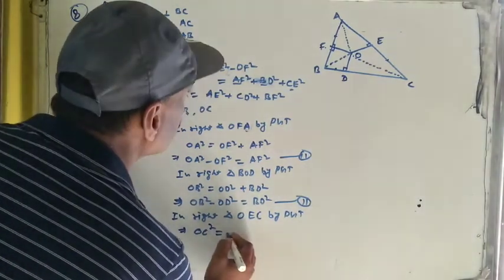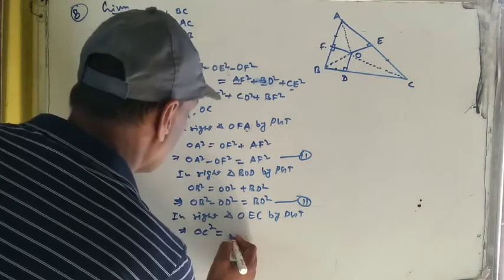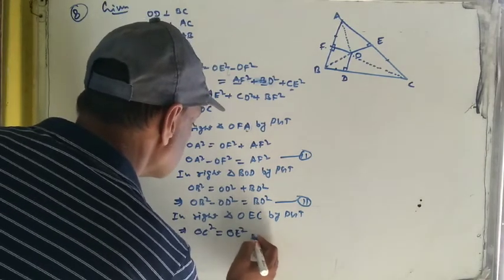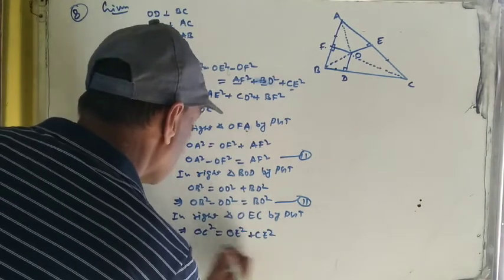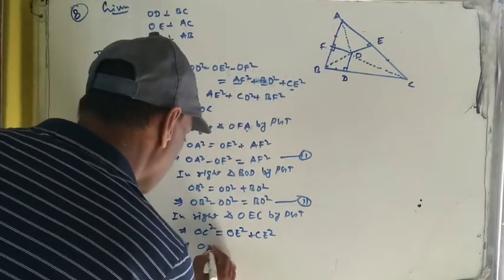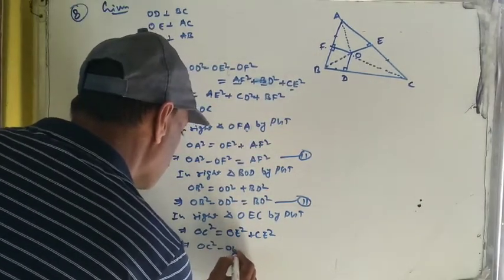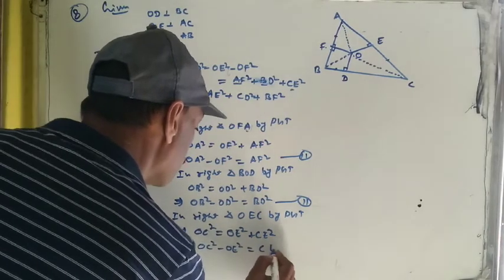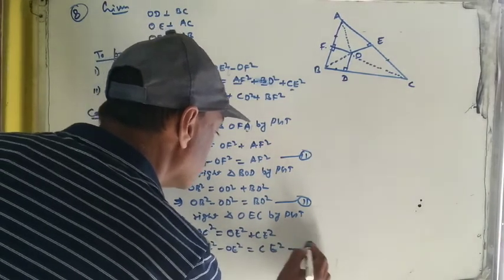And if we have to find the value of CE, it will be OC square minus OE square equal to CE square.